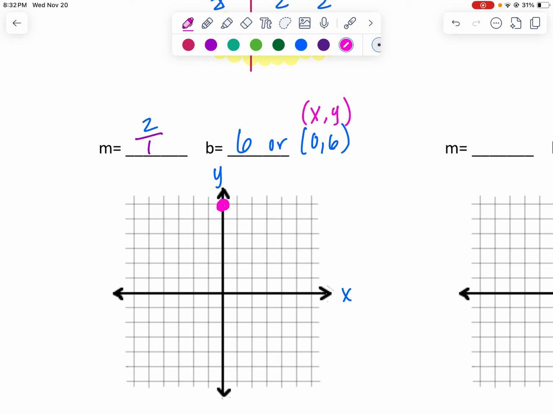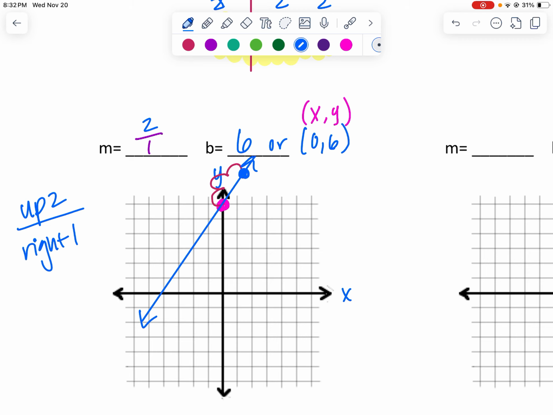So 2 over 1, right? Rise over run. We're going to go up 2, and then we're going to go right 1. So this time we're actually going to go off my graph. I'm going to go up 2, to the right 1. Here's my other point. Okay, and now I can go ahead and draw my line, and this is what it looks like.